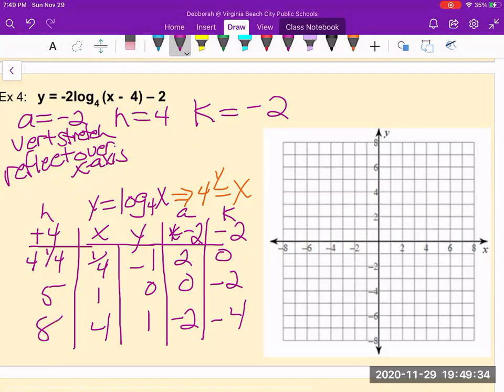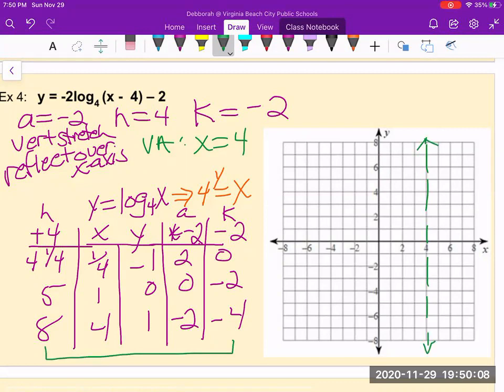Okay, so what's our vertical asymptote going to be? Our value of h is 4, so hence my vertical asymptote is x equals 4. So let's go ahead and draw that. And now we can plot our points, the resulting x and y after we performed all the transformations to it.